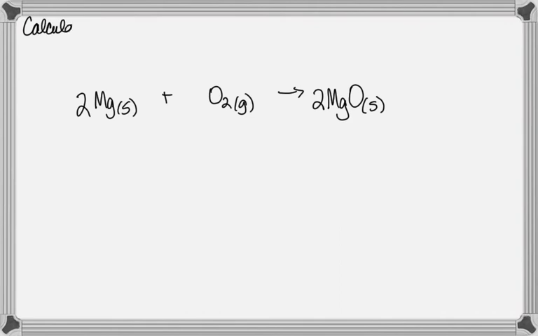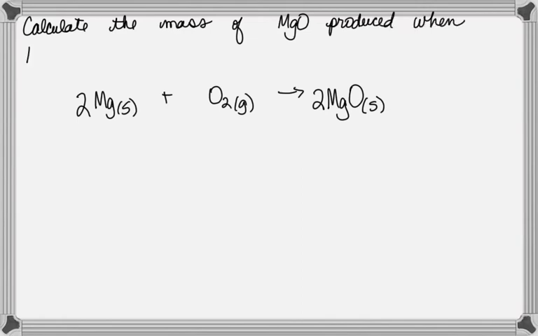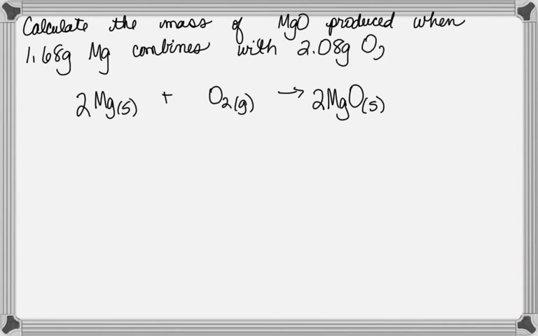Let's calculate the mass of MgO produced when 1.68 grams of magnesium combines with 2.08 grams of oxygen.